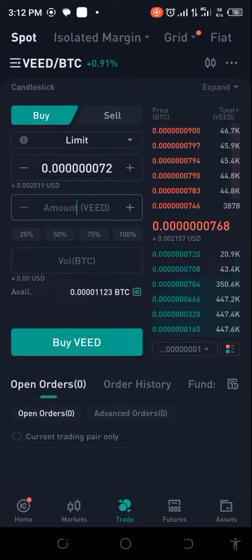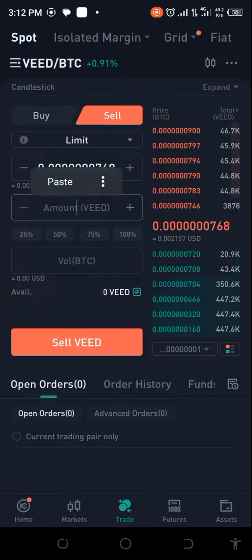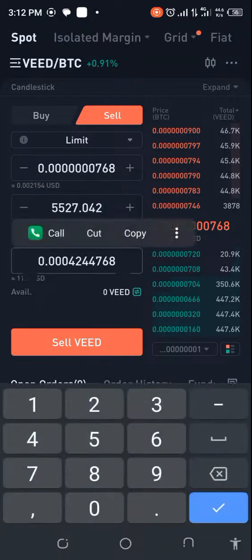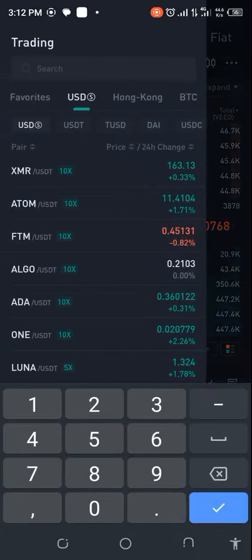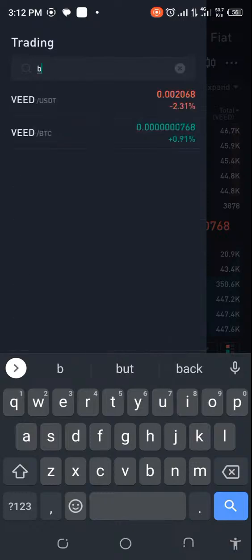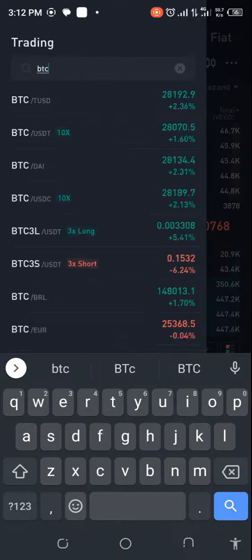Let's go back and do the normal simulation, just the normal one, and I will see what that will give me. No, that's supposed to be sell. It seems like we may have to wait in the queue a bit. I will be able to buy VEED/USDT immediately, but would I be able to do that for VEED/BTC?